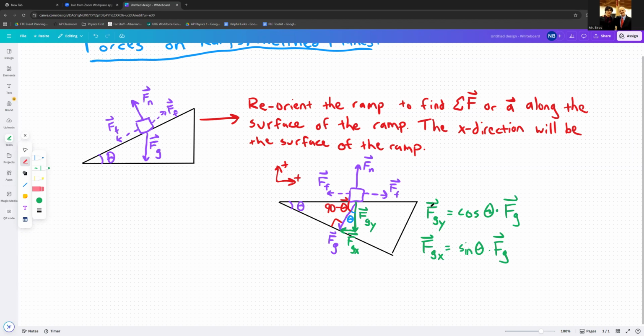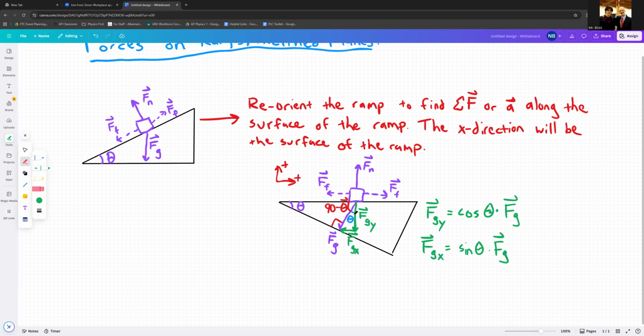To find those components, we have to use trigonometry, but it's a little tricky to go from the angle at the bottom of the ramp to the angles in this right triangle we've got for gravity, but you can get there. Again, I would not recommend going through this entire process of drawing gravity all the way to the bottom of the ramp, making sure it's parallel with the back, identifying that this is 90 minus theta, and doing some geometry to get the angle theta here.